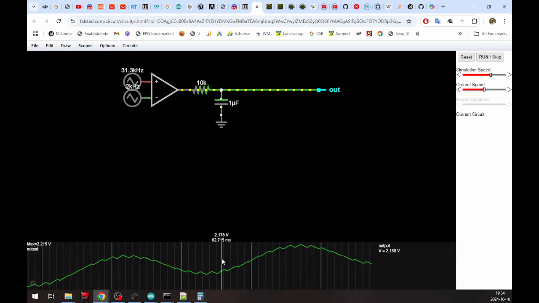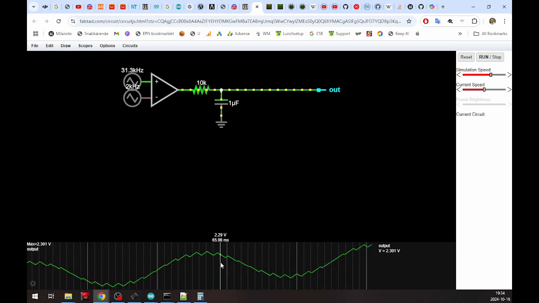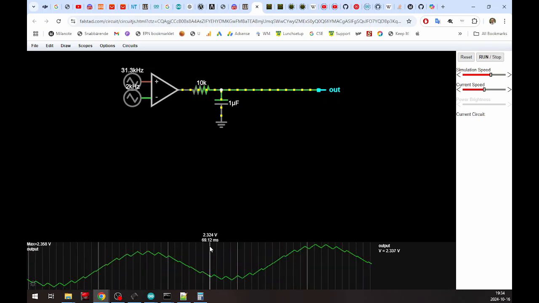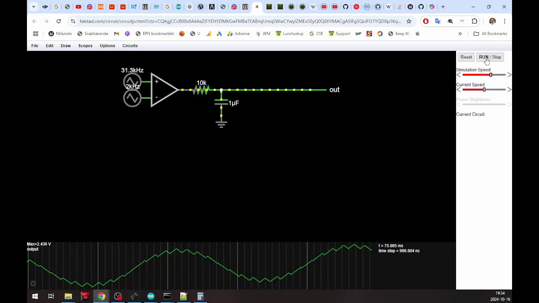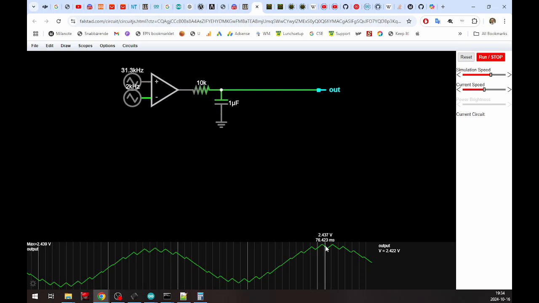And it's going to stop around here, where it just oscillates around 2.5 volts. And so 2.4 and 2.403, 2.436.